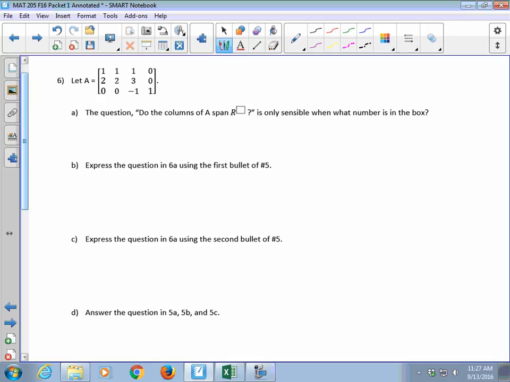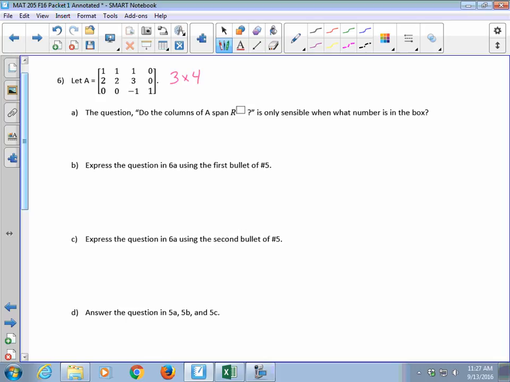All right, so I've got a matrix A. It's 3 by 4, 3 rows, 4 columns. If I wanted to ask the question, do the columns of A span R blank, it's only sensible for what number in the box? Let's work this out.